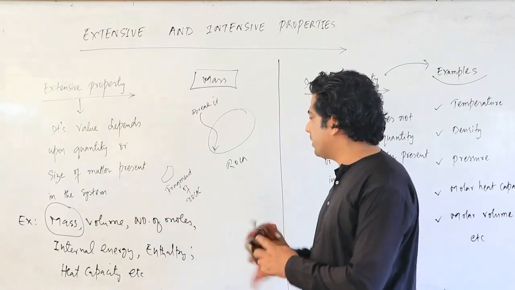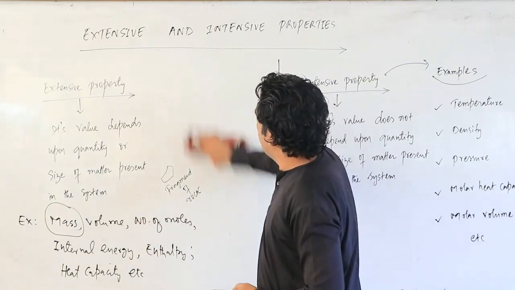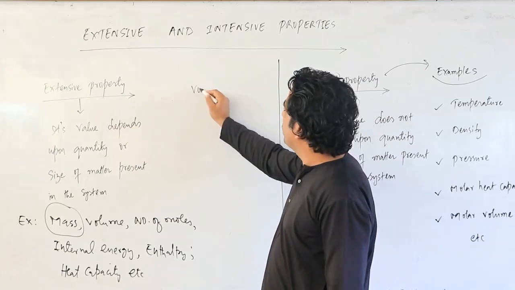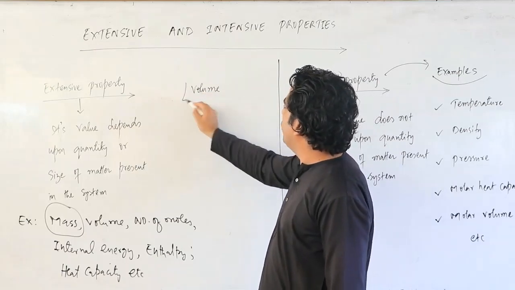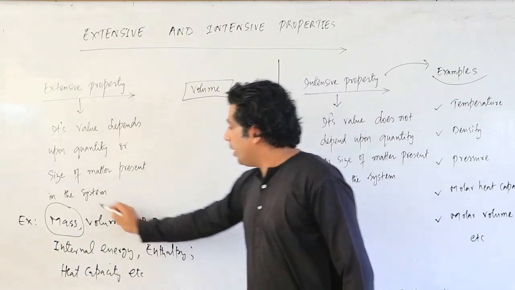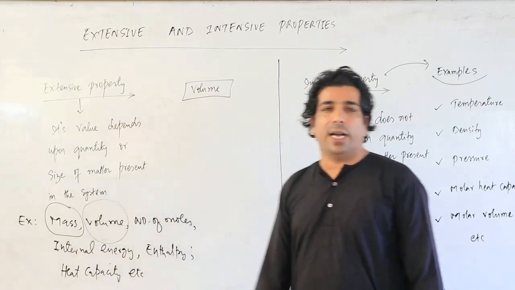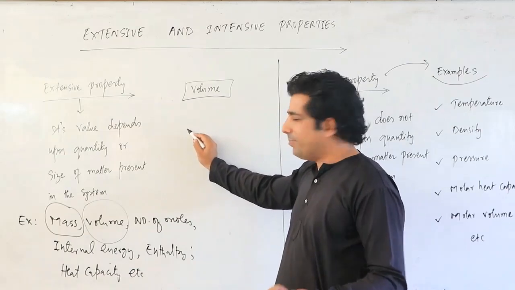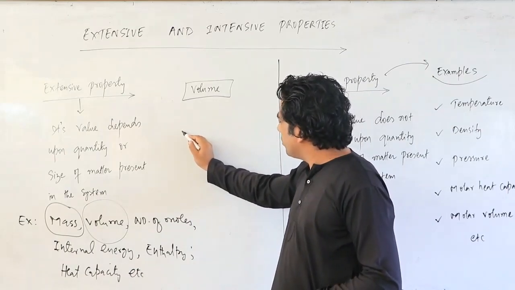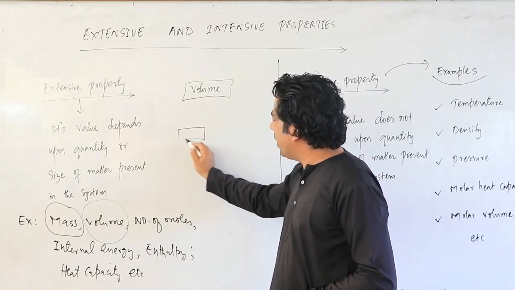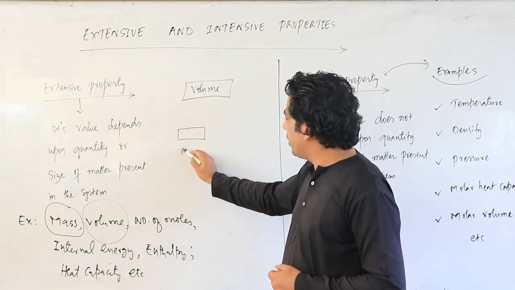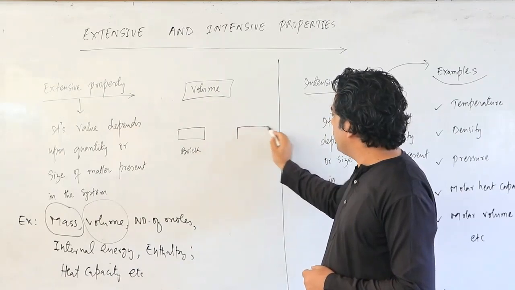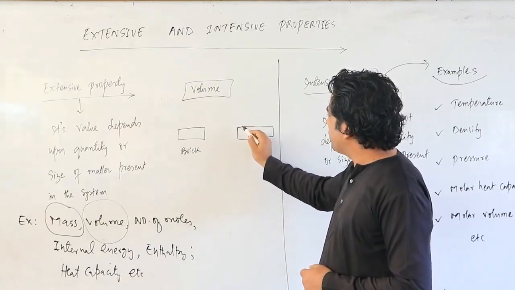Let's take one more example here about volume. Volume is also an extensive property. Let us see how. See here, my dear friends, let's suppose we have one brick. Here we have a brick. And here I have put many bricks together.